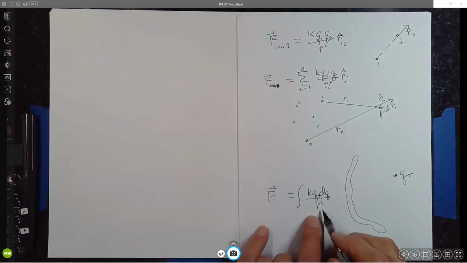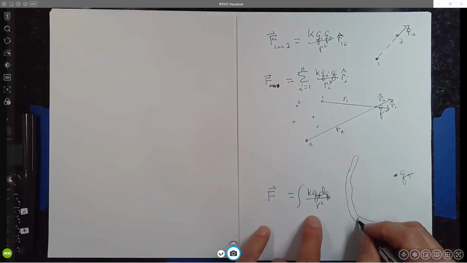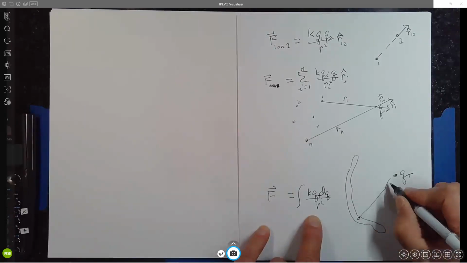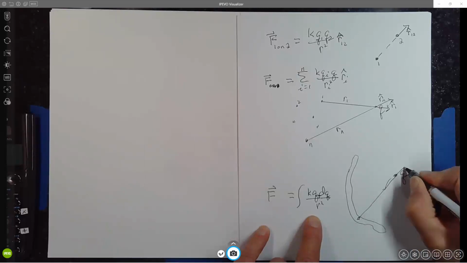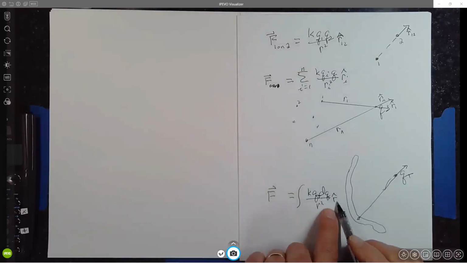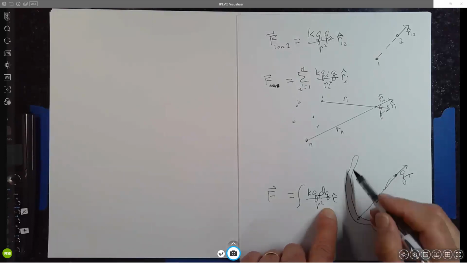But in this case, r is going to be a variable also. It'll be the distance from some little chunk of charge over here to our target particle, and you'd have an r hat. And r hat is going to be something that varies as you integrate over this entire thing.